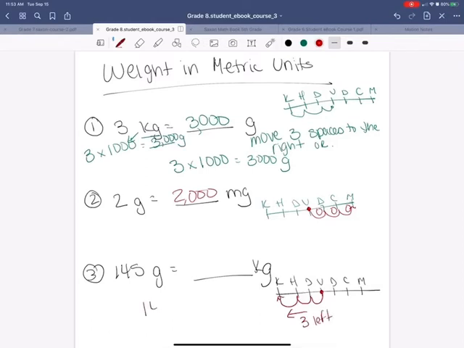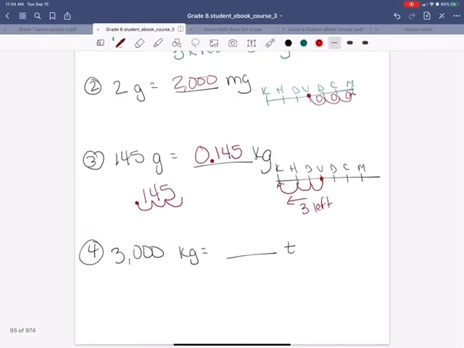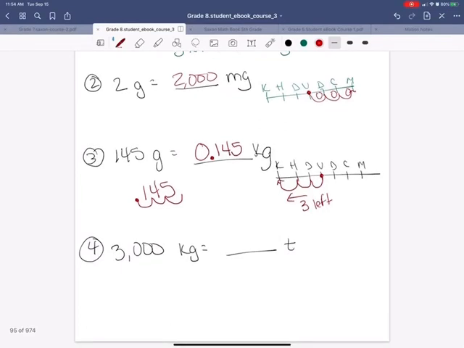In 145, we'll do the same thing, 1, 2, 3 spots to the left. So our new answer is 0.145.